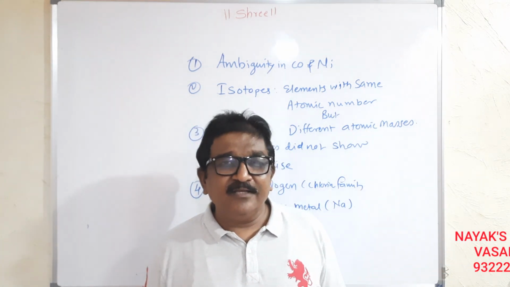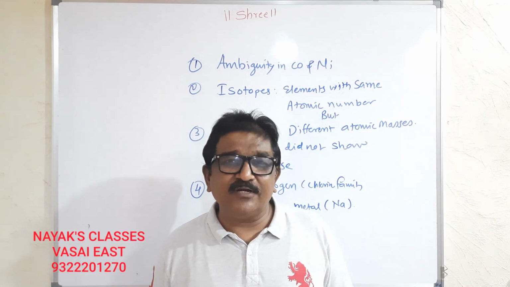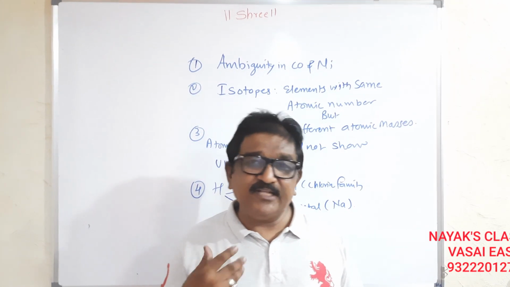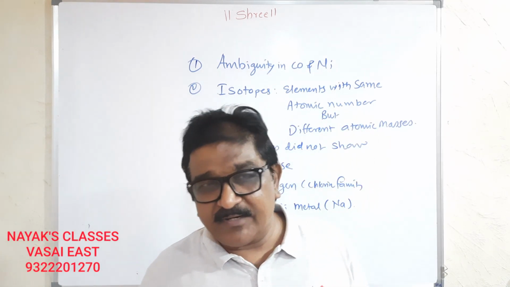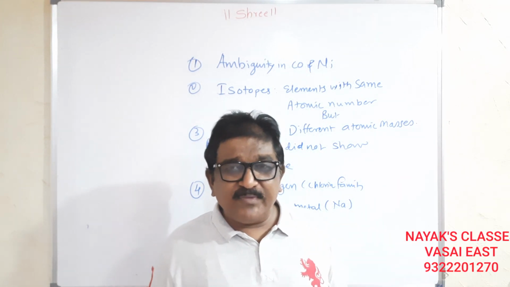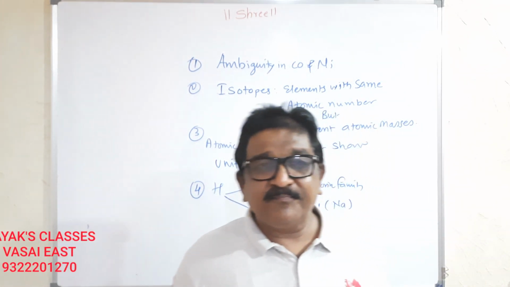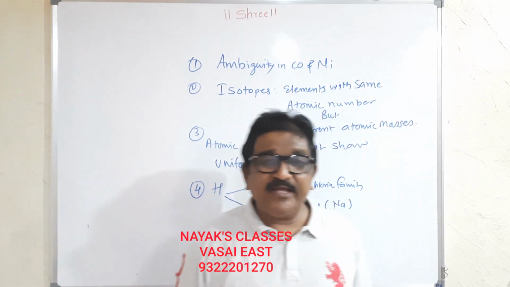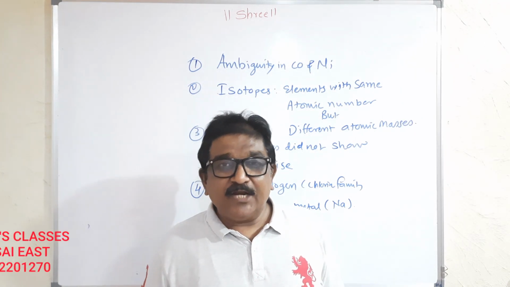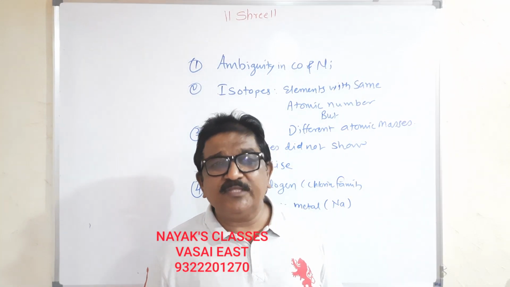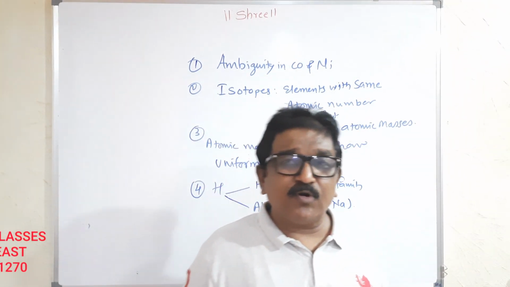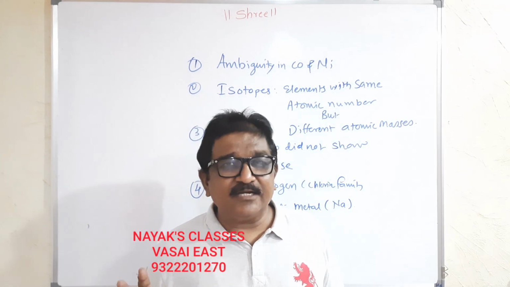Great. All anomalies, meaning drawbacks, disappeared from Mendeleev's periodic table. Henry Moseley said that atomic number is a fundamental property of an element. Don't take atomic masses, take the fundamental property, atomic number. Atomic masses means actual masses of those atoms, but atomic number means the number of electrons or protons present in an atom.